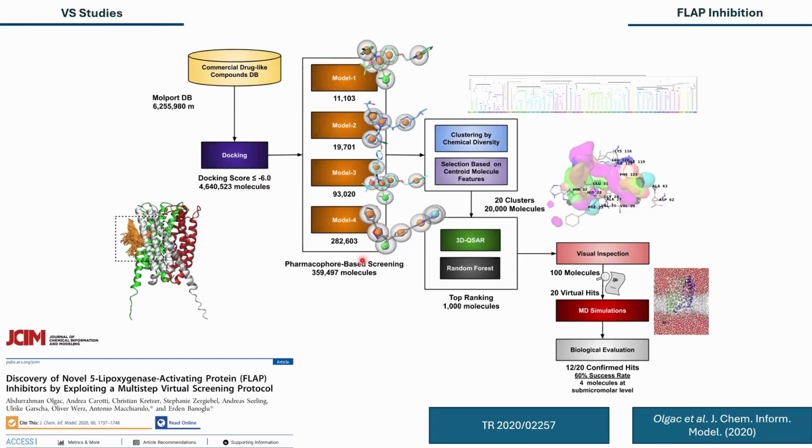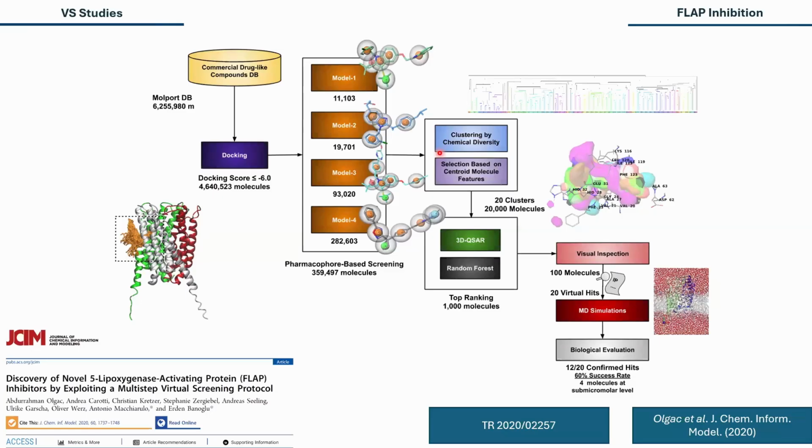So these structure-based pharmacophore models helped us to reduce the number of poses and molecules generated during screening, and the remaining compounds were still a high number of structures. So we decided to cluster the compounds based on their diversity and do the selection based on the centroid molecules and their features, mostly their interactions.